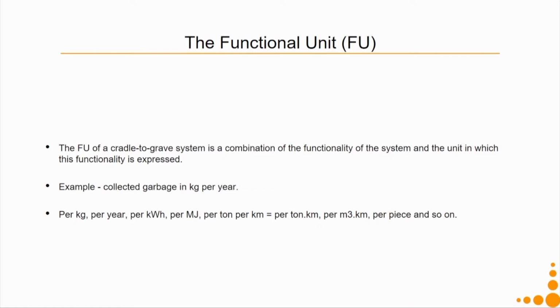There can be many different ways of expressing it: per kg, per year. These are the different kinds of units that we can use: per kilowatt hour, per kilometer, per ton, per ton dot kilometer, or per piece, and so on.